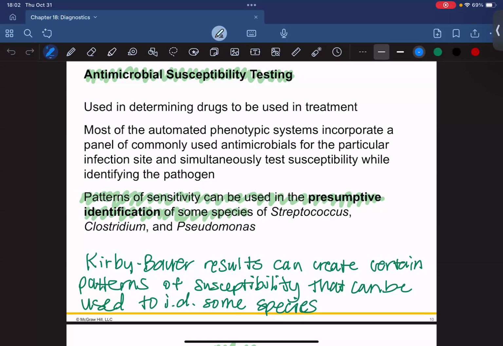But we can look at some of those profiles between certain bacteria and expect to see certain sizes of ZOIs and use that to determine if that's the bacteria you're looking for as well. This is pretty useful for things like strep, Clostridium, and Pseudomonas species, apparently. This is not widely used, but it can help narrow down when you're trying to compare it to some other things, right? It's not the number one pick, but it's still a phenotypic test that's going to give you information.